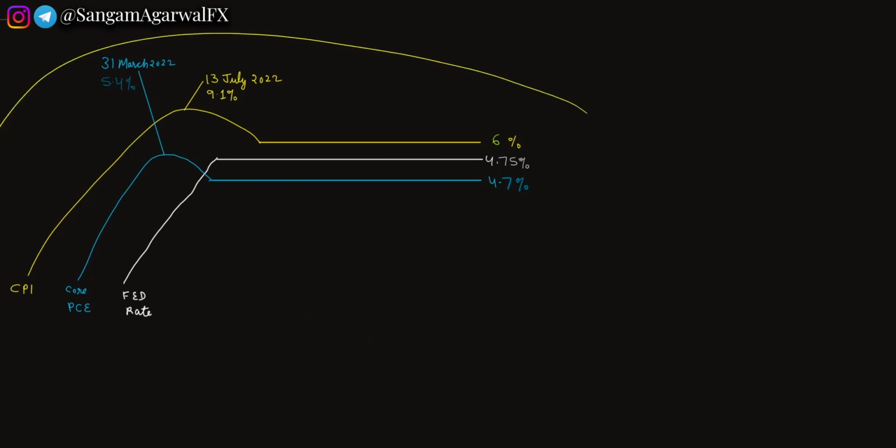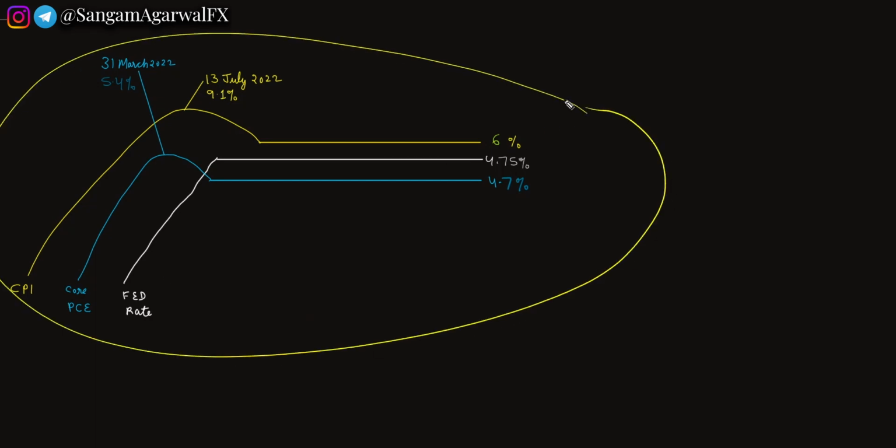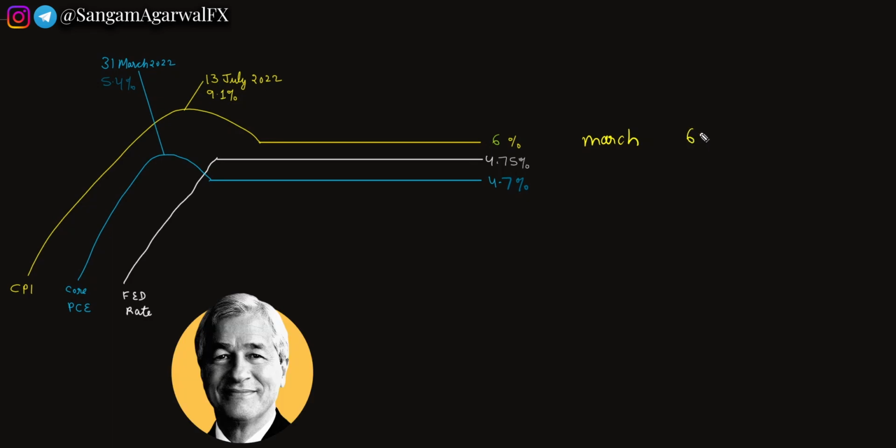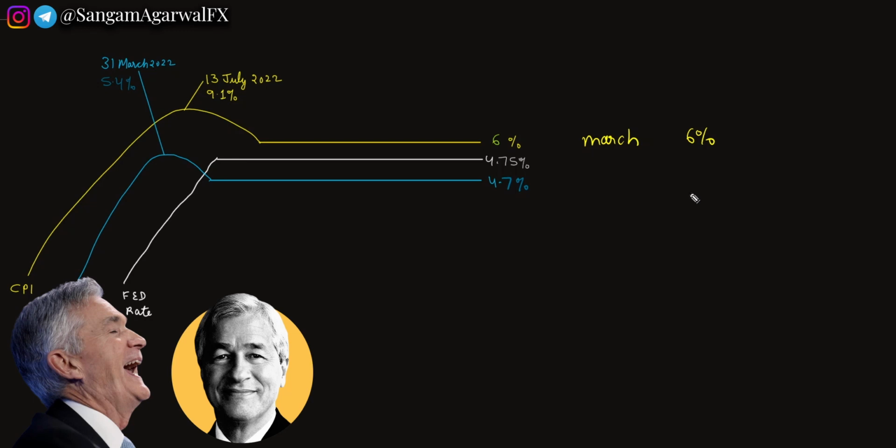Since our last FOMC meeting, there is no big change in this graph. And the main thing is, before this FOMC meeting, we all know that in the news everyone was saying 6% terminal rate, and the Fed in his speech before the FOMC meeting said he can hike up to 50 basis points. But things changed.